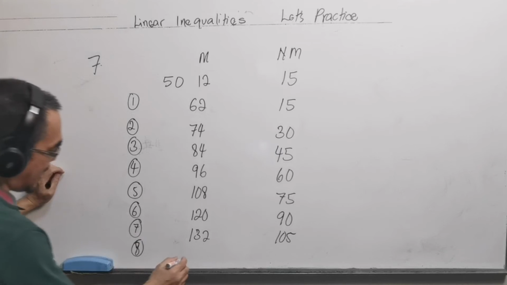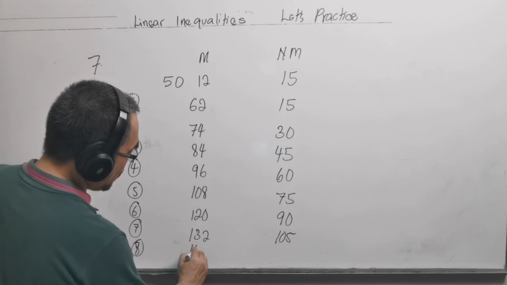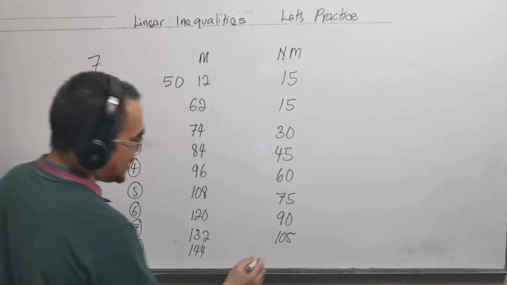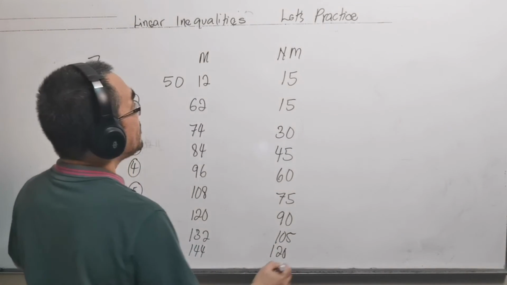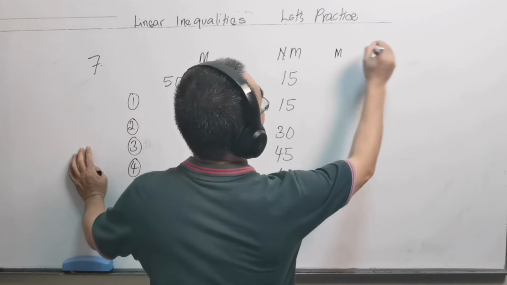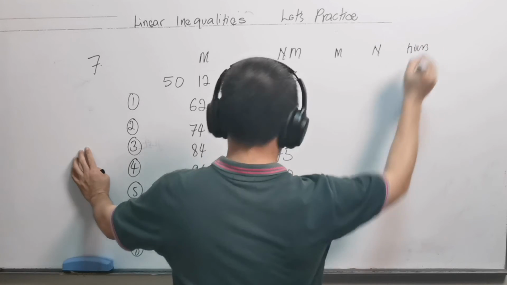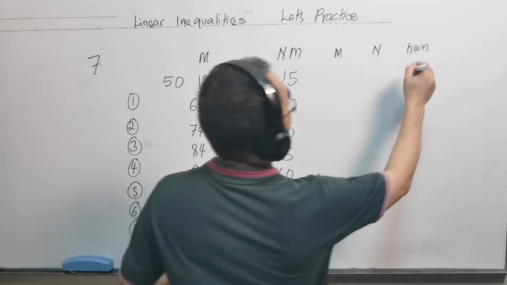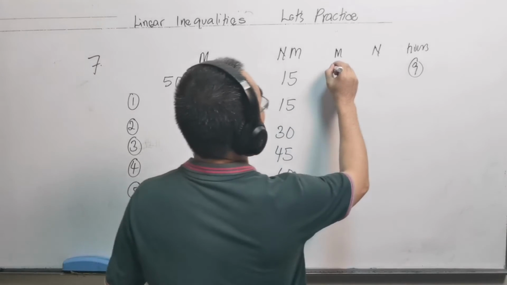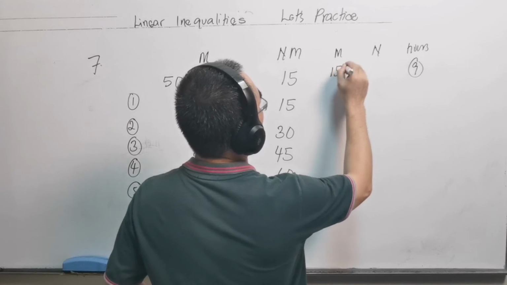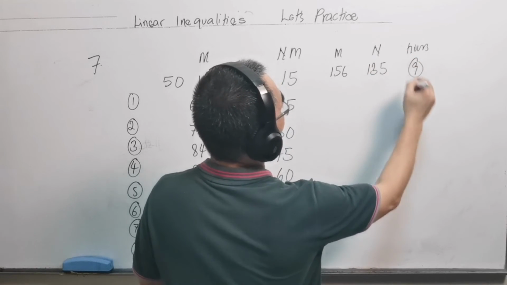For 8 hours, plus another 12, so 144, and this becomes 120. Then member, non-member, hours. Now the 9th hour: 144 becomes 156, and this becomes 135.